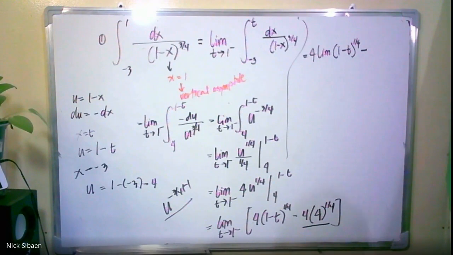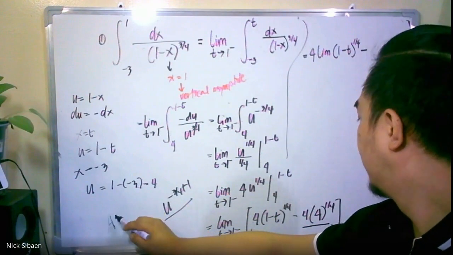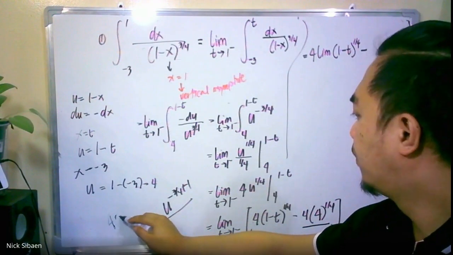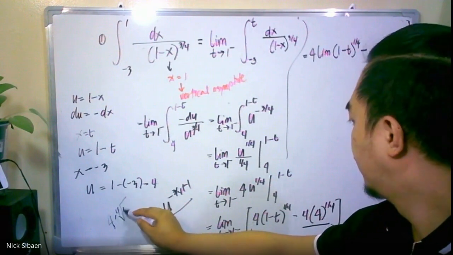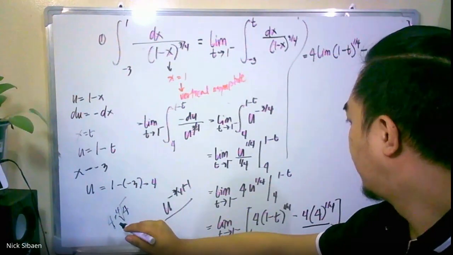Decimal yung binibigay niya. This is the same as 4 times the 4th root of 4.